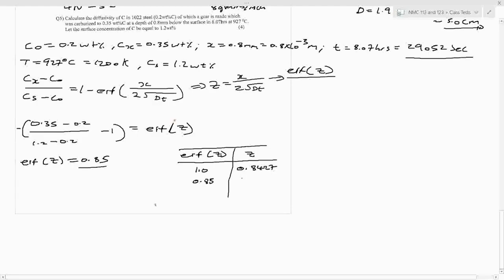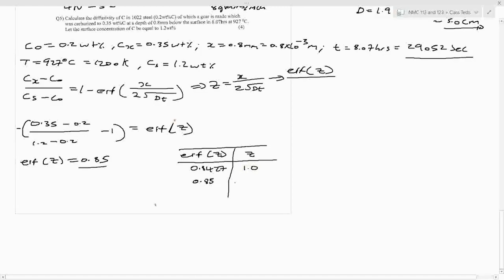Actually, it's the other way around. Let me check my error function table and see. It is the other way around. Sorry about that. The error function value that's above this is 0.8427. The corresponding z value is 1.0.